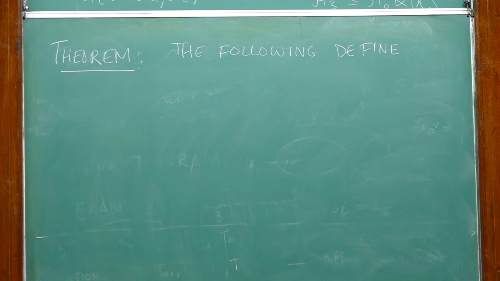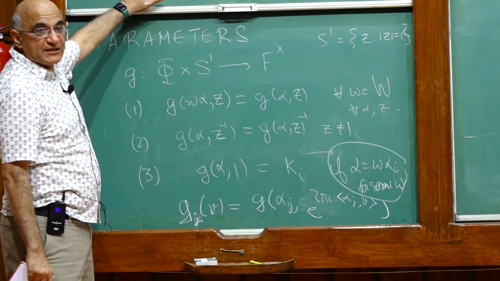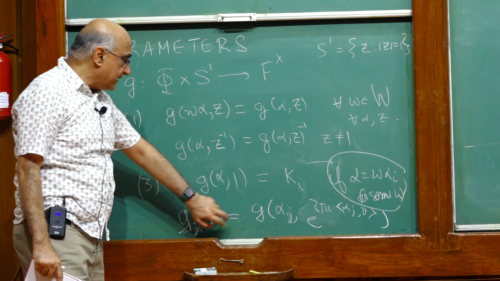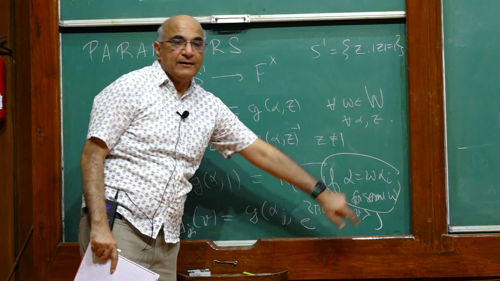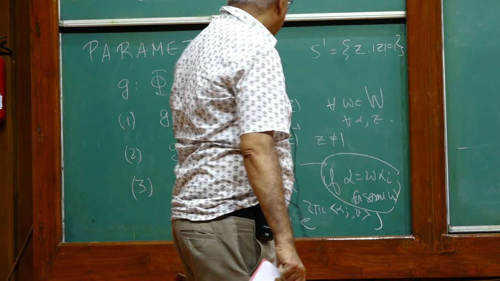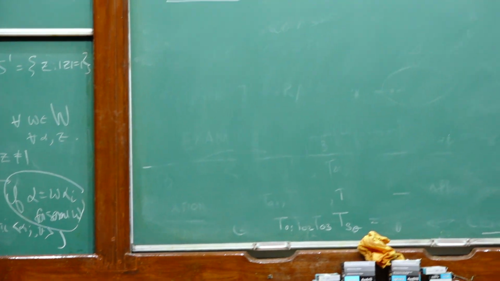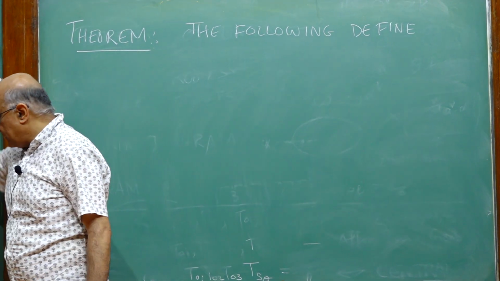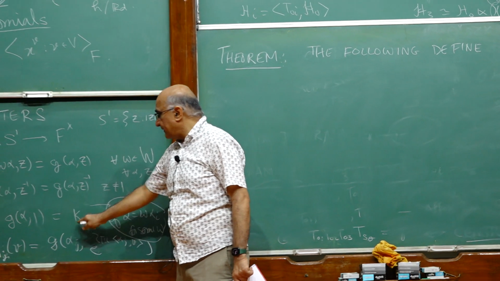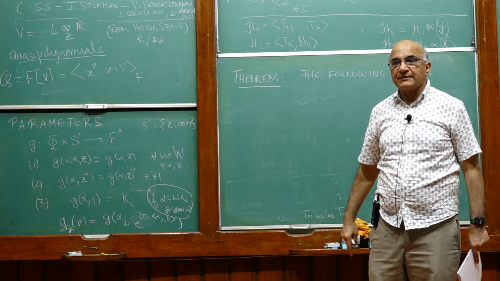So g is a function on phi cross S1, and I want to define a function on this vector space V. I evaluate g at alpha j and e to the 2 pi i times alpha j paired with v, which is some real number. If v is in the lattice, then this number is 1, and I just get k i. But if v is not in the lattice, then this is something else.